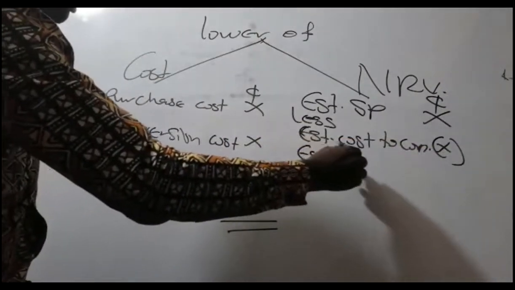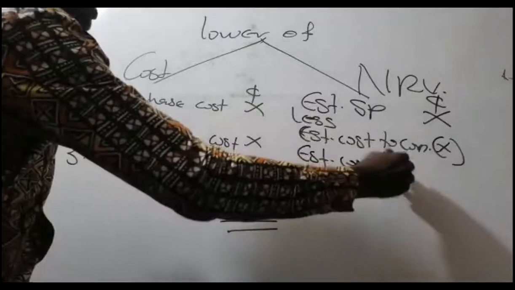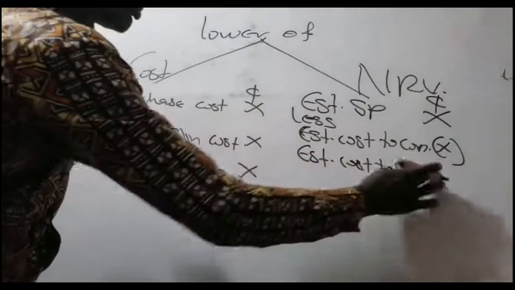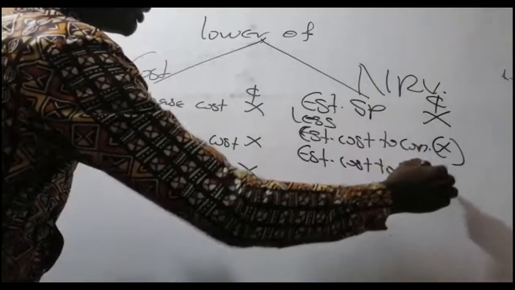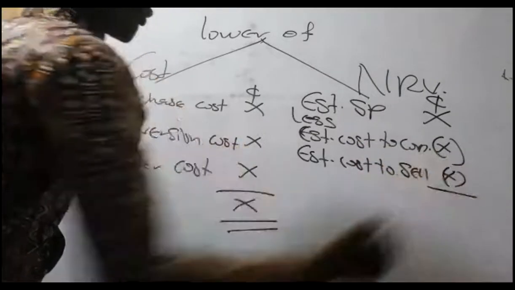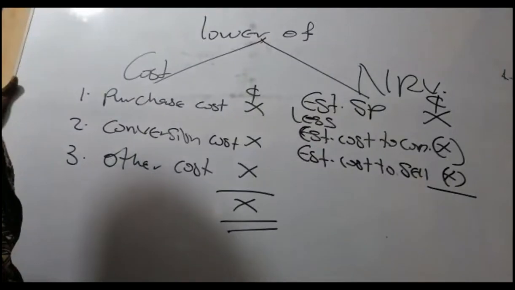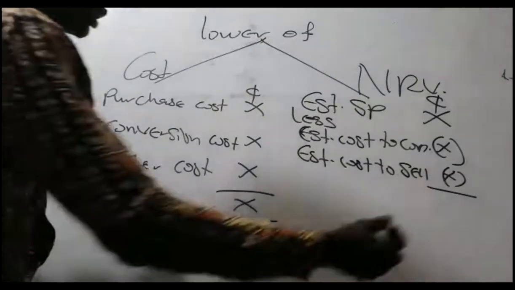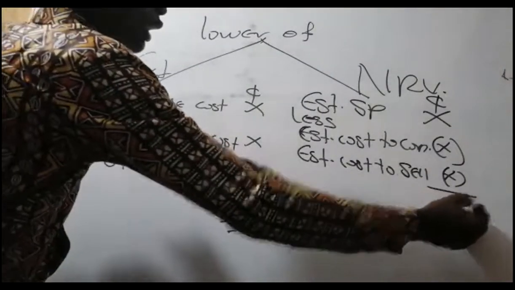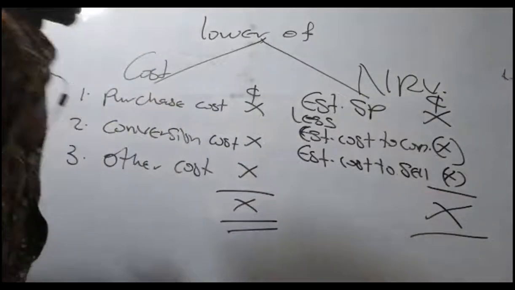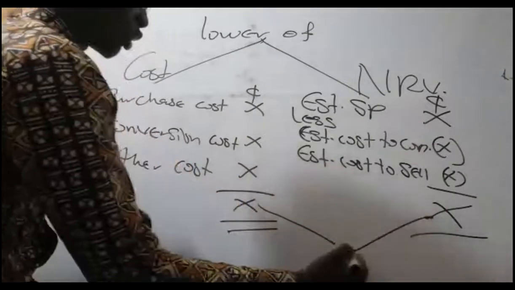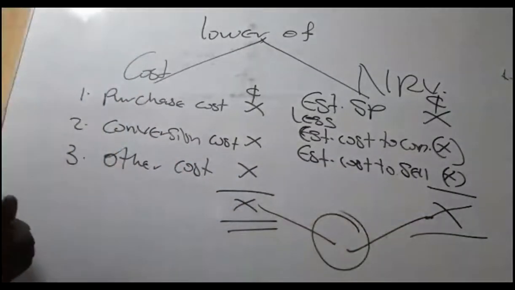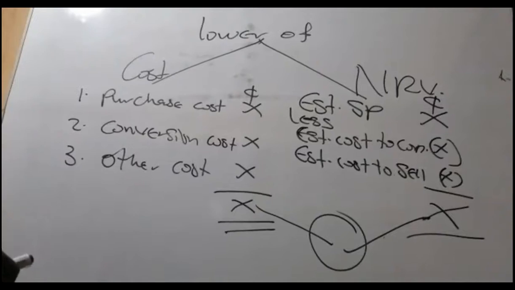Estimated cost to sell the goods. Estimated cost to sell the goods. So that is it. Now these items, so you compare this and choose what? The lower. That's all. So this is the summary.